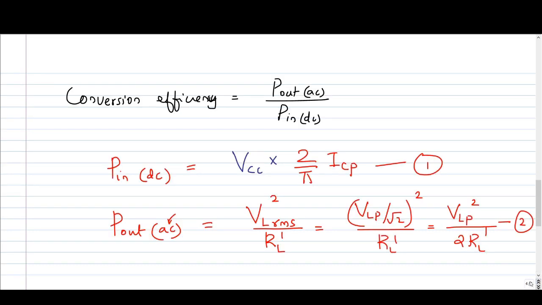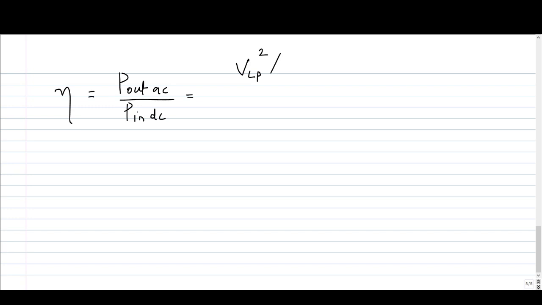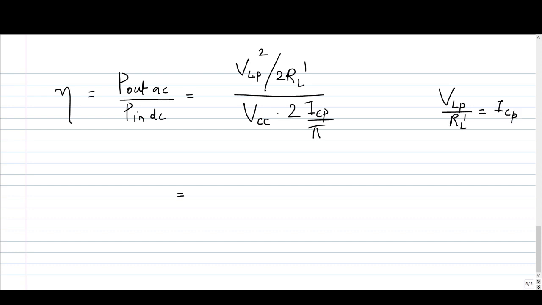Now we can calculate conversion efficiency. Conversion efficiency is P out AC divided by P in DC. P out AC is VLP square by 2 RL dash, divided by P in DC, which is VCC into 2 ICP by pi. Now what is the relation between VLP and ICP? Peak value of voltage divided by load resistance will give you the peak value of current.